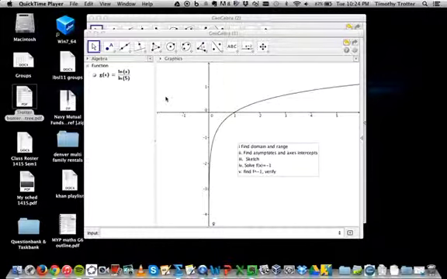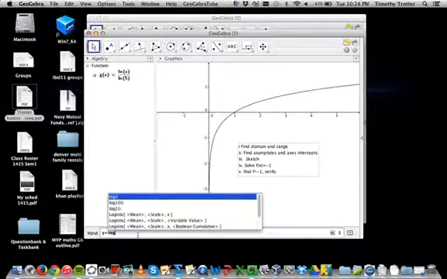First I wanted to talk a little bit about how you get GeoGebra to graph something of log base 5. If you start typing in some sort of a log function, it defaults to either log base 10 or log base 2. You could also do natural log, so log base e.